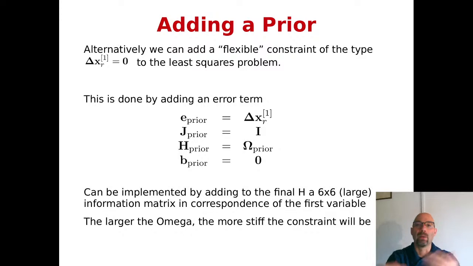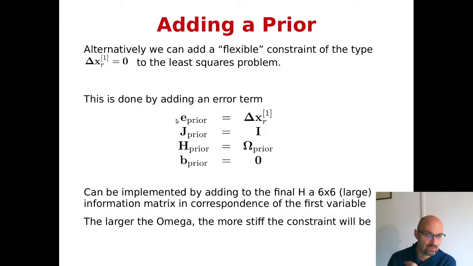How to implement a prior? Well, we could add an error term, which we define to be delta xR, just a perturbation in our case, to make it simpler. We might add the Jacobian, having defined the error of a prior.